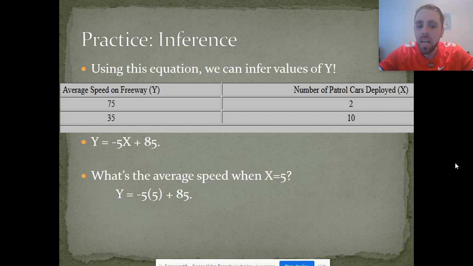So negative 5 times 5 is negative 25. Add that to 85, and y equals 60. Put another way, when x equals 5, the average speed on the freeway is 60 miles per hour. And I can do that with any value for x that makes sense to me to try and infer the values of y.